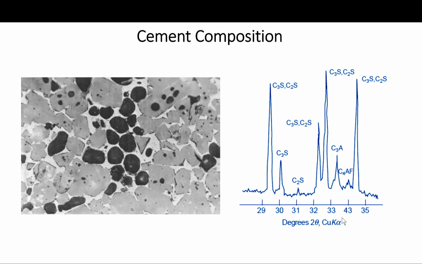In many cases, for example in forensic analysis investigations I have been involved in, we have insisted on X-ray diffraction methodology to determine the actual compound composition of the cement. So it's a very powerful tool, and it can be very beneficial.